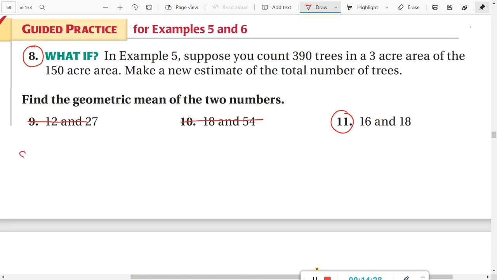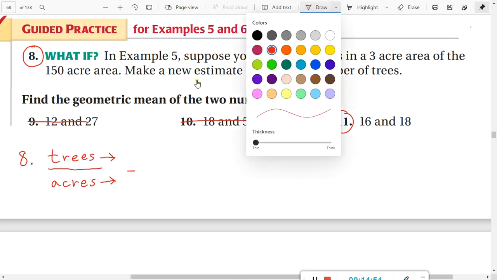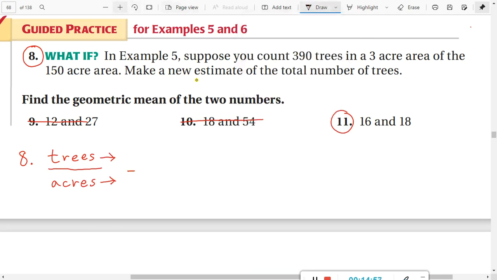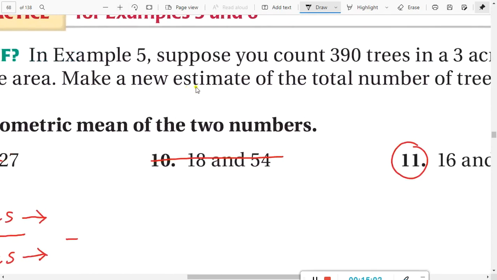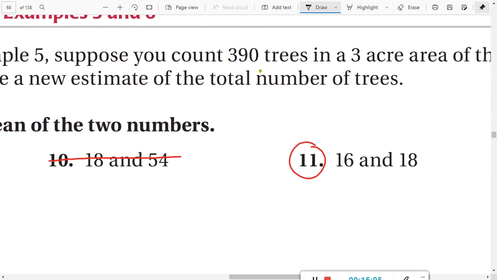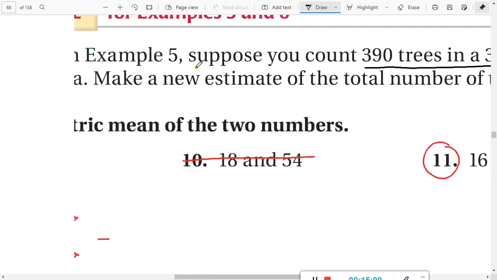All right, let's look at number 8. Suppose you count 390 trees in 3 acres of the 150-acre area. Make a new estimate. So again, we're just setting it up. Trees and acres. They said 390 trees for 3 acres.